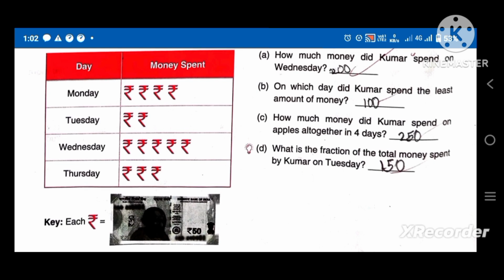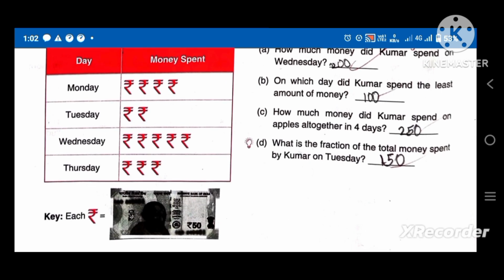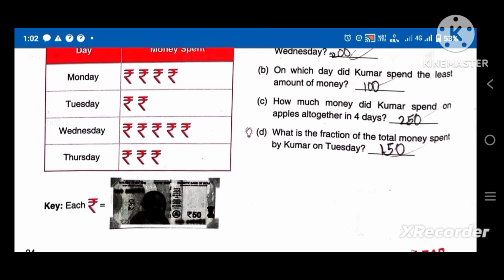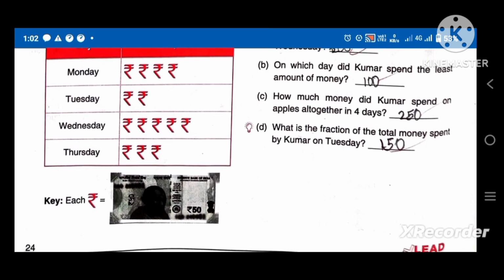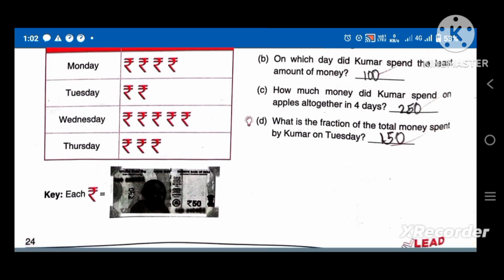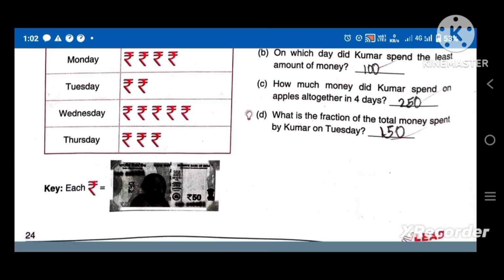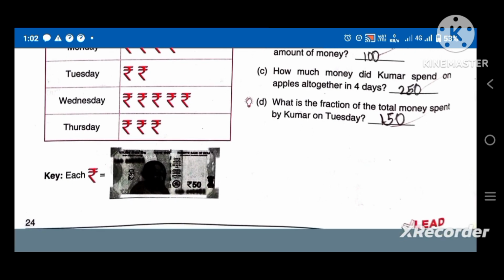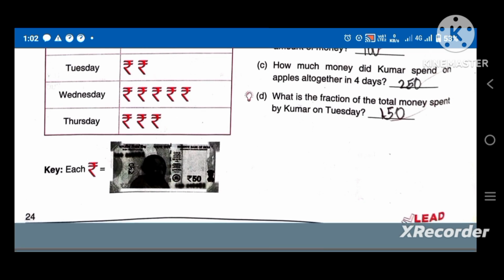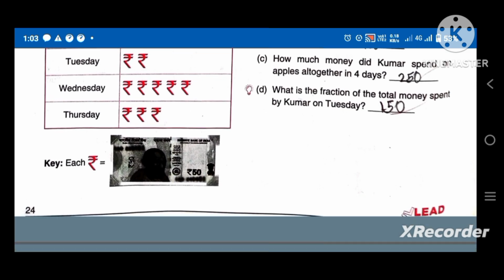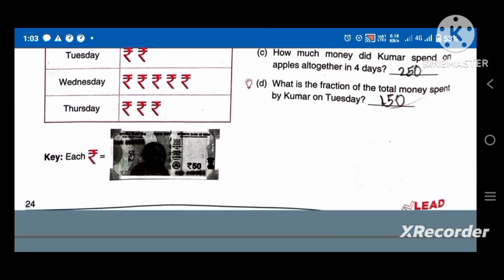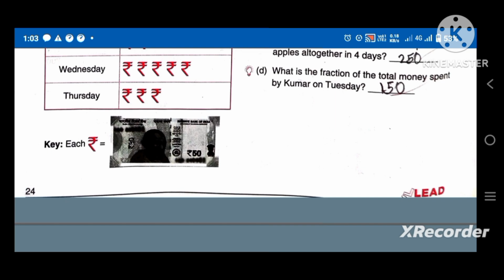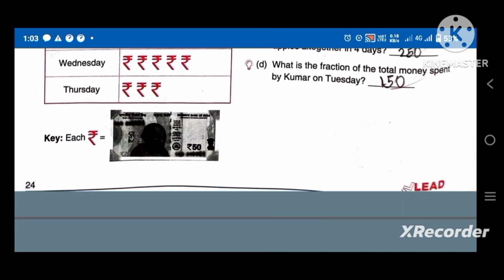A. How much money did Kumar spend on Wednesday? 5 into 50, 250. B. On which day did Kumar spend the least amount of money? Tuesday. C. How much money did Kumar spend on apples altogether in 4 days? 700 rupees. D. What is the fraction of the total money spent by Kumar on Tuesday? 100 rupees.